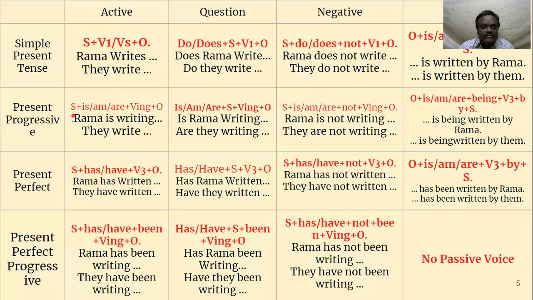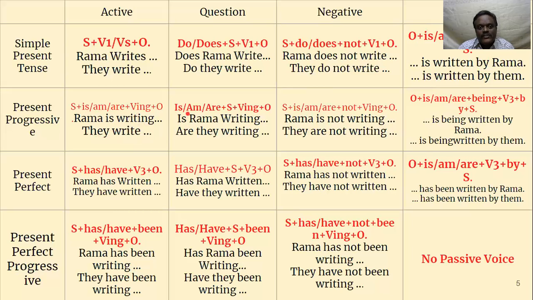If it is singular, we have to use is. If it is plural, we have to use are. If it is I, then we have to use am. But here in the example, we have taken Rama and they. So Rama is singular, so we have to use is. Then the verb-ing form has to be added to the verb. That is, writing. Rama is writing a letter. In the same way, they are writing a letter.